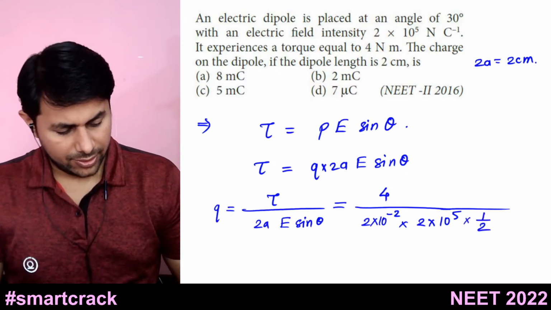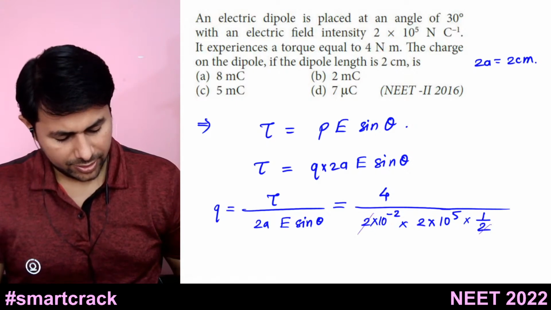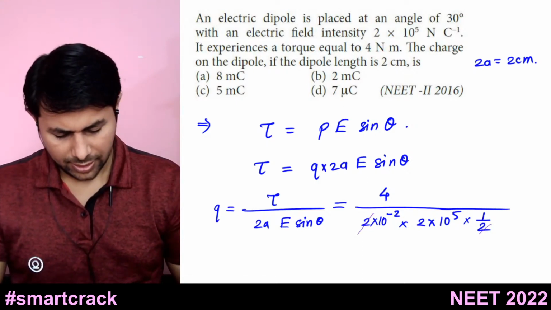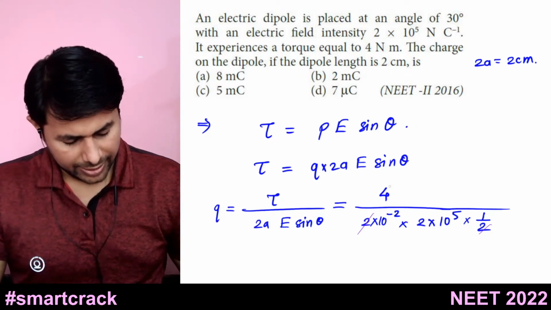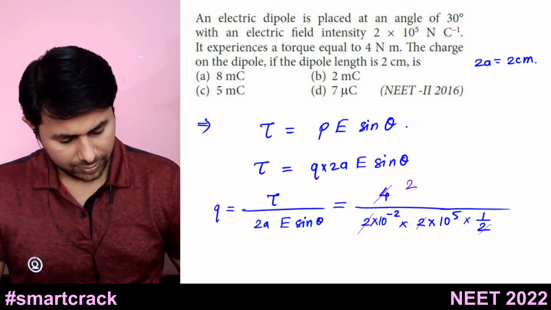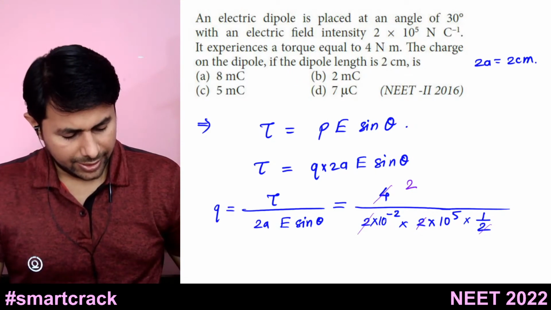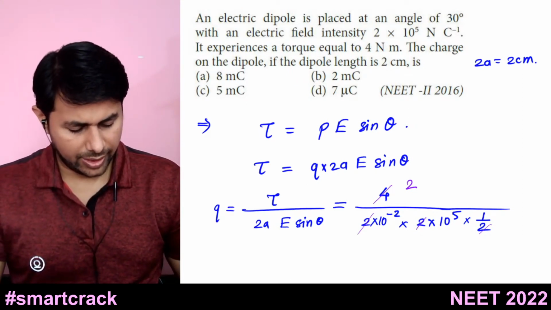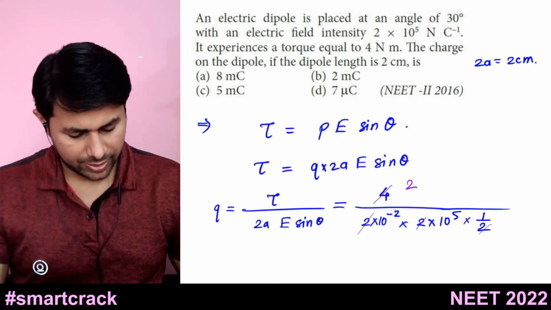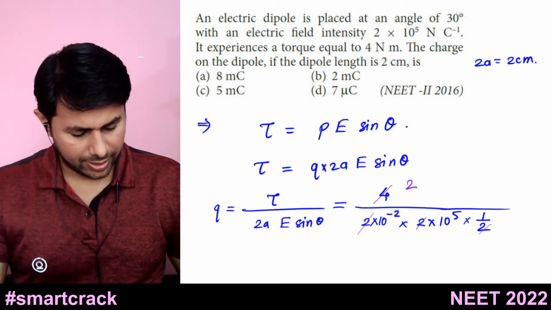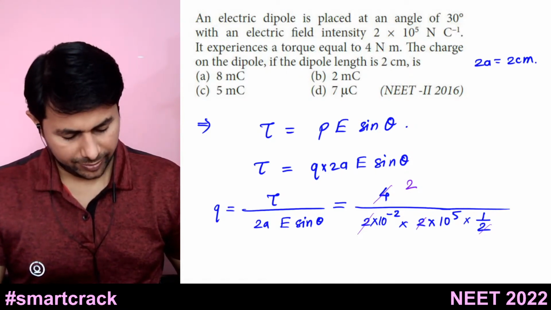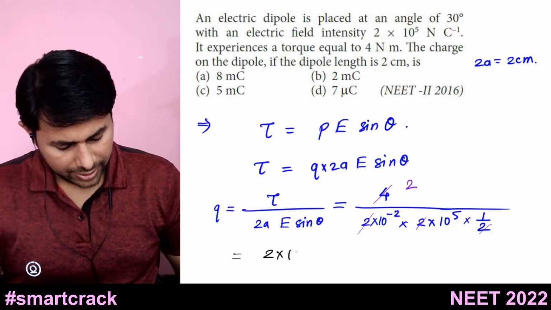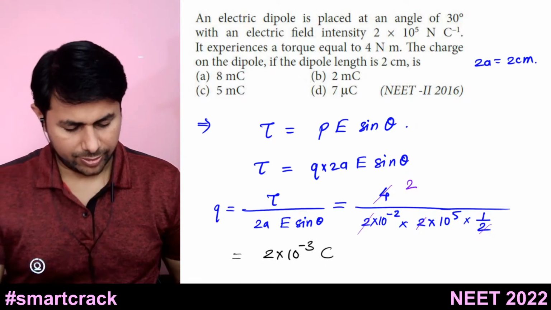So this 2 and this 2 get cancelled out. Then 4 divided by 2 is 2, and minus 2 and 5 gives 3. You take that in the numerator, so it becomes 10 raised to minus 3. So the answer is 2 into 10 raised to minus 3 coulombs.